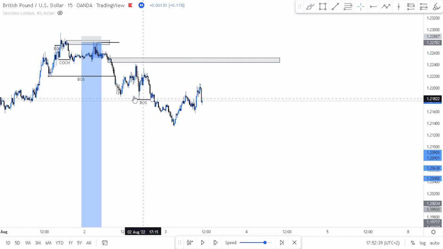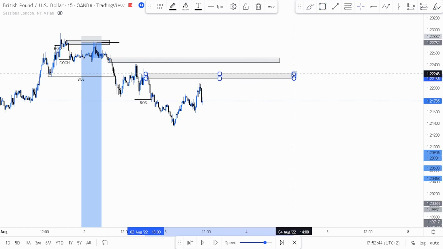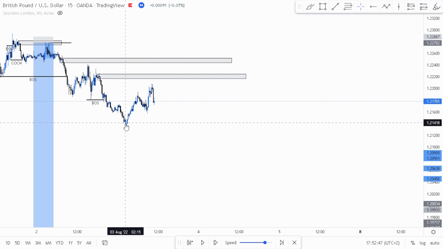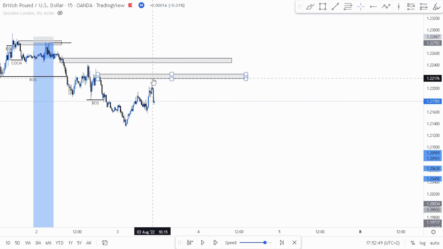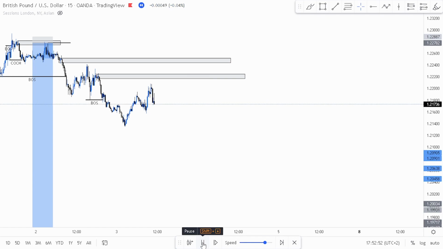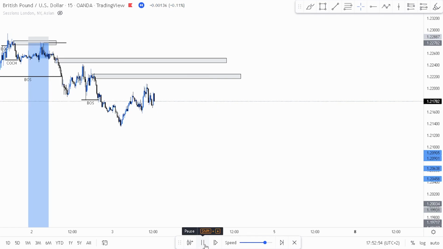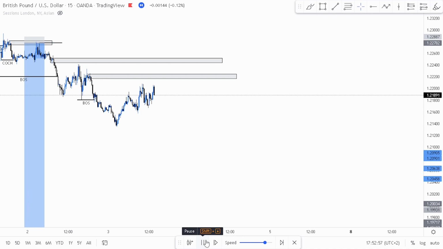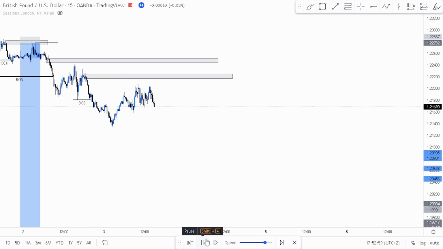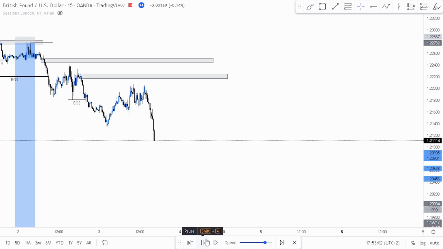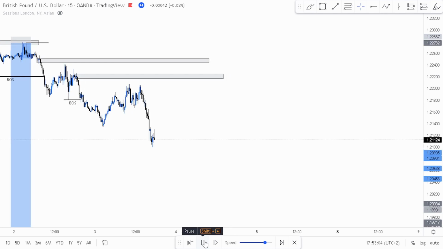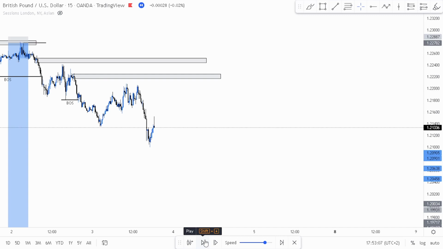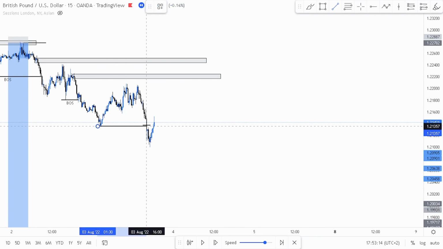And we have a break of structure, and right over here we have another level of supply. And let us just see if price reacts to this level or not. So price keeps on moving. Let's see what is happening. And we have our next break of structure to the downside.